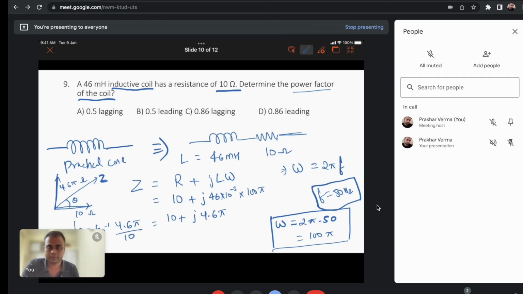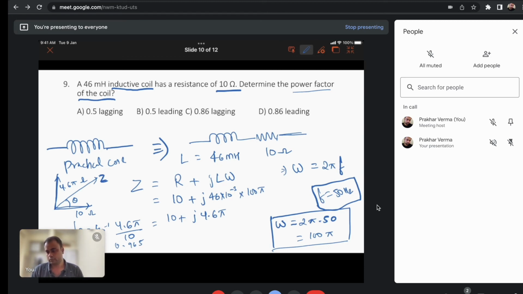So theta becomes, again we'll be using our calculator. tan inverse of 4.6 into 3.14 divided by 10. This is 0.965.